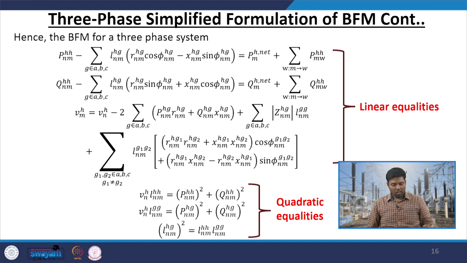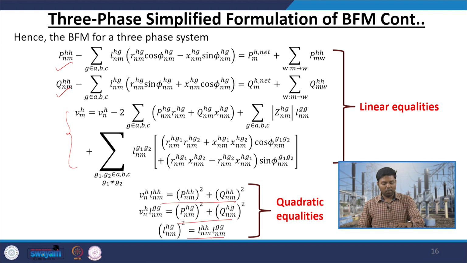Okay. So, this is the overall branch flow model, the simplified branch flow model, where you have 3 linear equations. One is active power balance, one is reactive power balance, and another is the voltage equation. But the relation between the voltage, power and the current is still a quadratic equality.